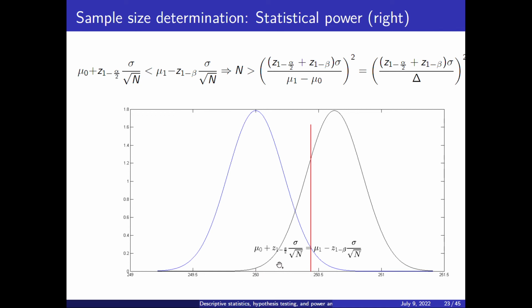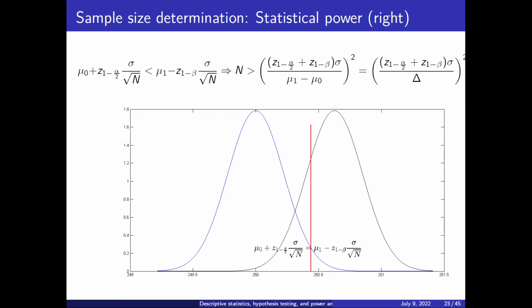It is all this area. All this area here in black is the probability that the machine is malfunctioning, but I'm not able to show it. And that area is called beta. That is the probability of a false negative result. And what I have to design is n such that this area, when this is centered at 250.5, that is the half milligram that I want to use as the value for my detection.